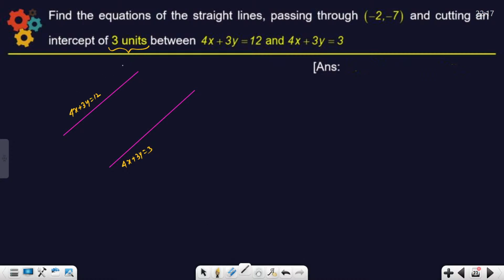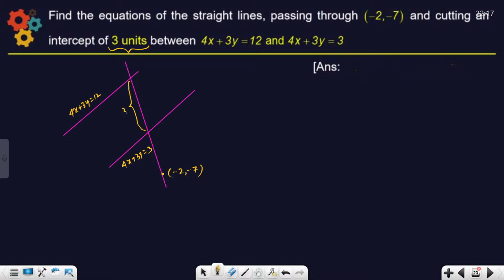Let us say there is a point minus 2, minus 7 and a line is passing like this. A line is passing like this. Is it clear? This line is passing through a point, let us say minus 2, minus 7, they have said. And cutting off intercepts of 3 units. This length is 3 units.